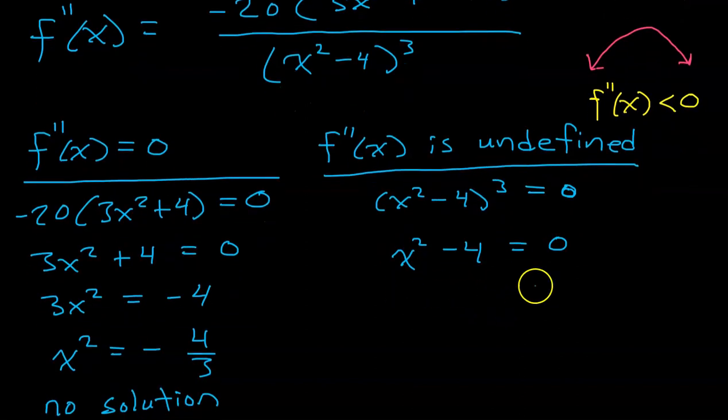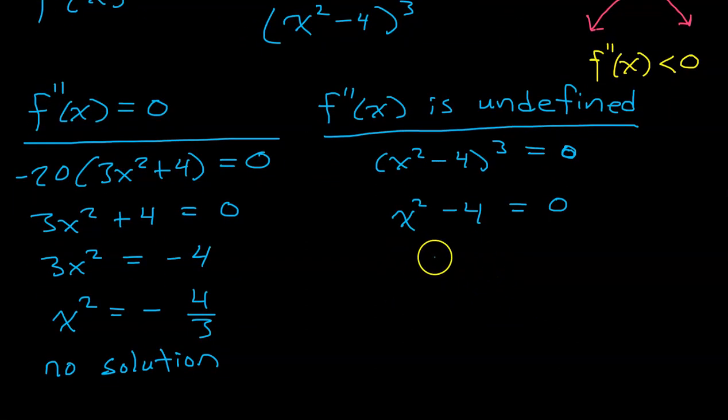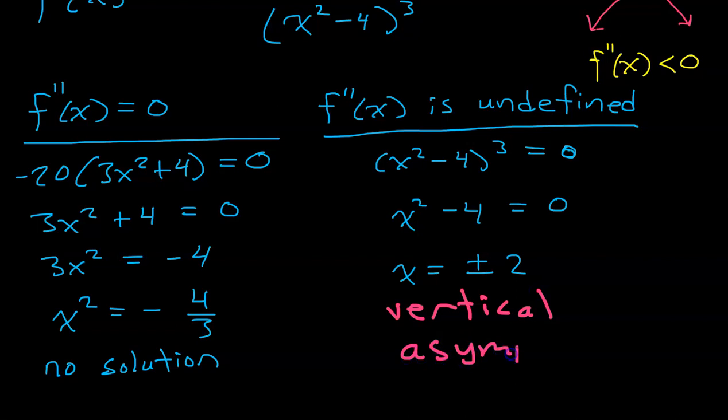Now, this is the third time we've seen this expression. We know that this is going to lead to x is equal to plus or minus 2. And we already know that these are vertical asymptotes. So they are not potential points of inflection.